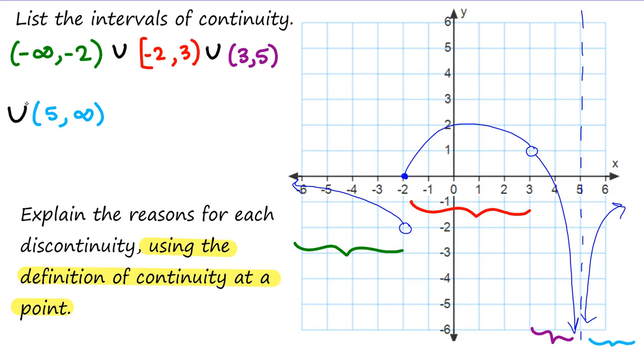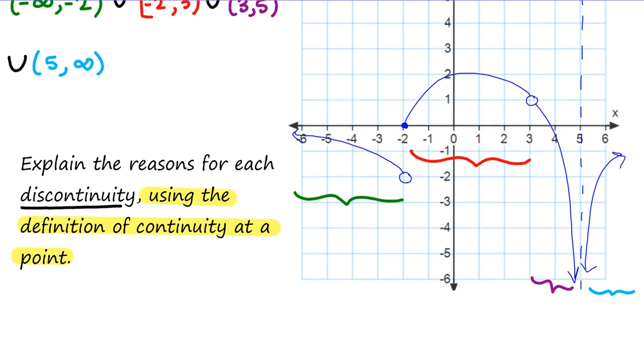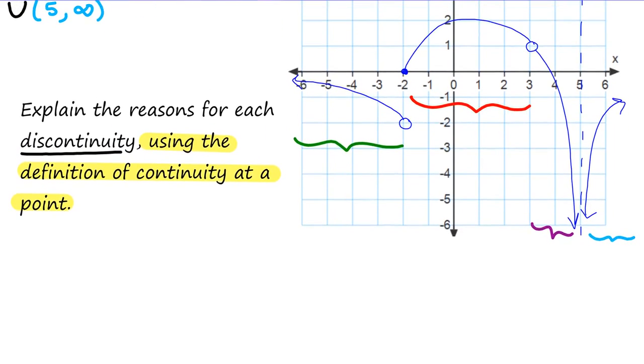Explain the reasons for each discontinuity using the definition of continuity for each discontinuity. Maybe I said that wrong the first time. Using the definition of continuity at a point. Okay, so we have a discontinuity at negative 2. Why? Well, notice that from the left, the limit is different compared to the limit from the right.